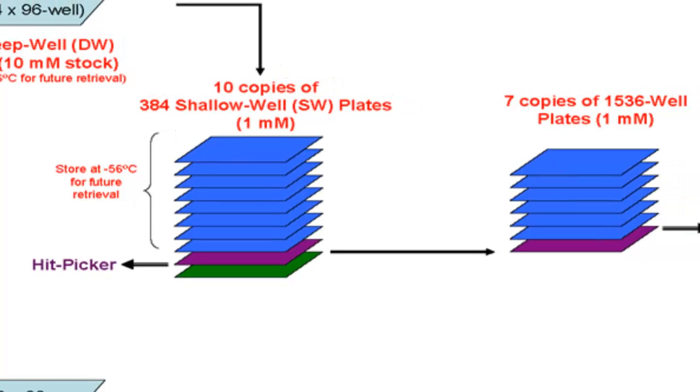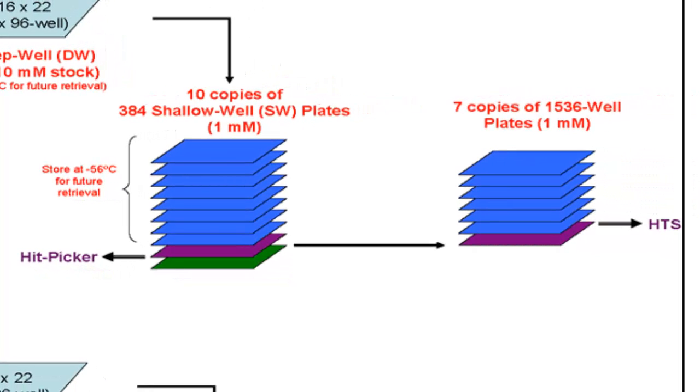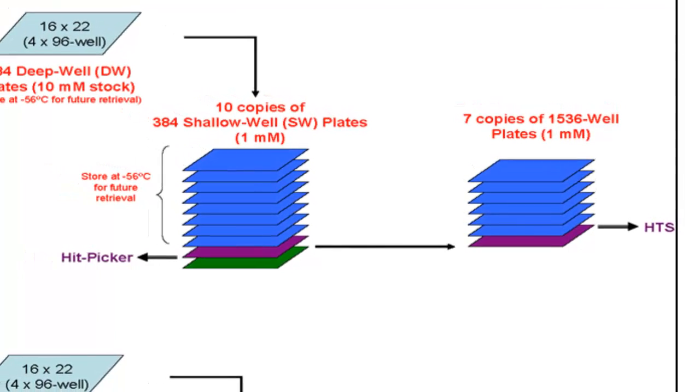One copy is put in the high throughput machine. Another copy is used for further processing, to make 7 copies of 1536 plates. One copy of the 1536 plate is put in the high throughput machine. The remaining 6 copies of the 1536 well plate are put in the freezer for storage, and so are the other 384 well plates.